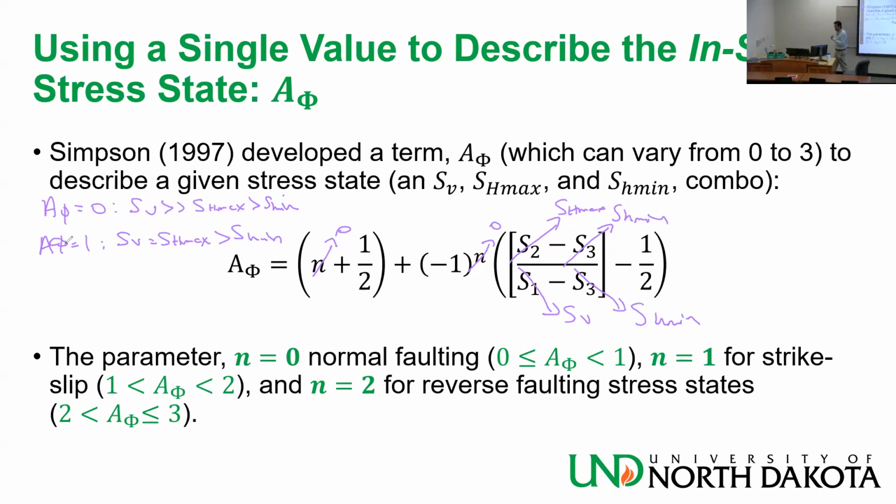Now, if you have a strike slip stress state where SH max is bigger, SV is the S2, the intermediate, and SH min is S3, you get a different situation where you have to use n equals 1 here and here.